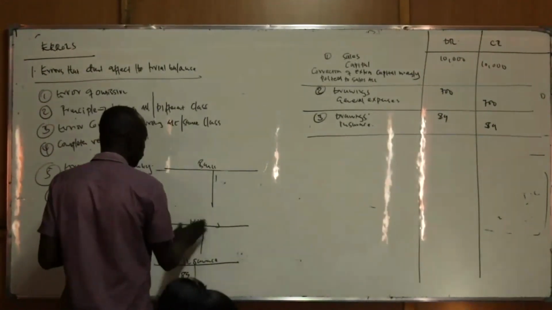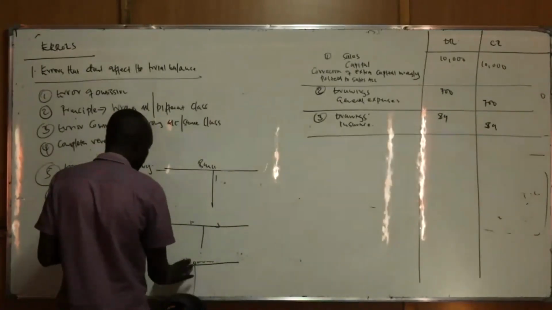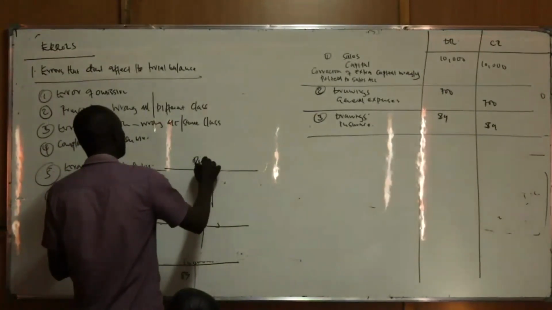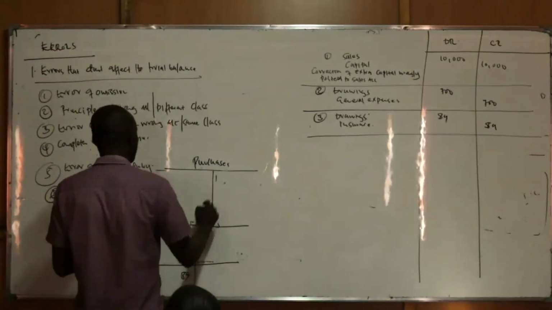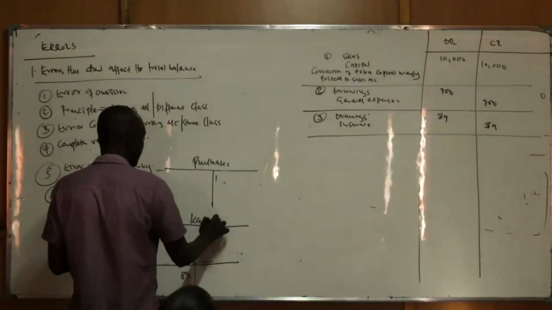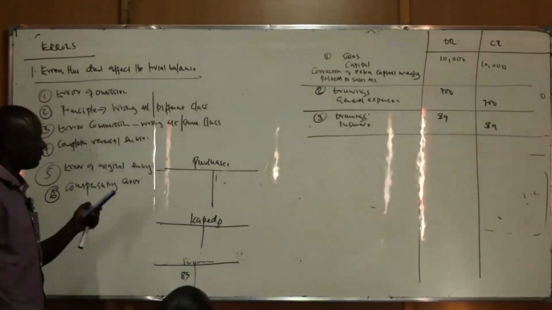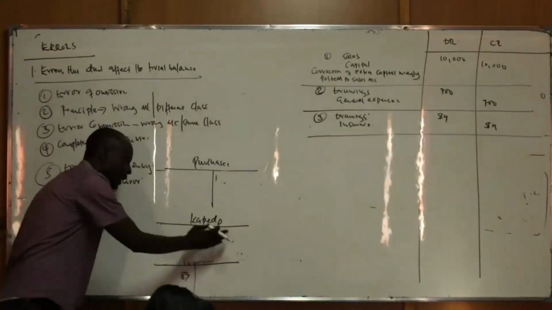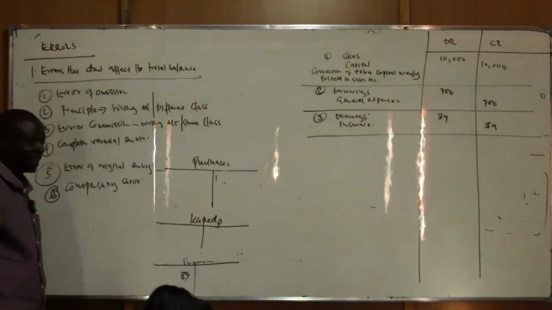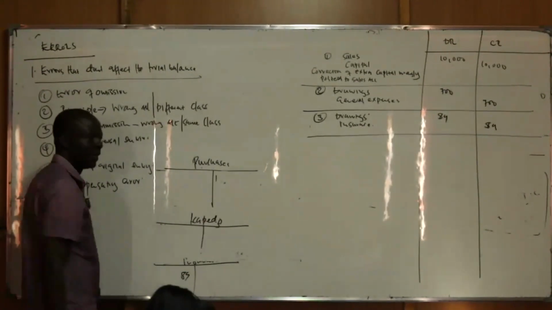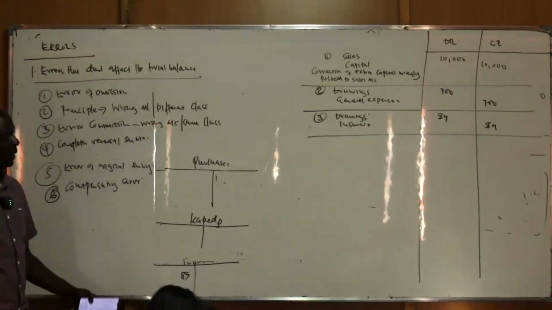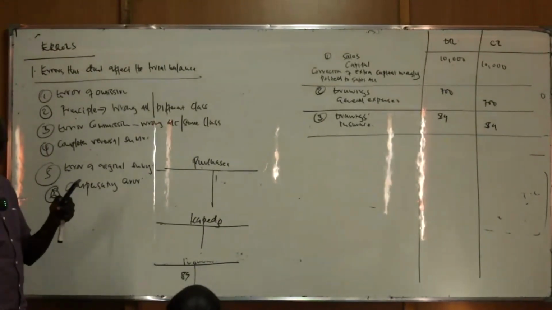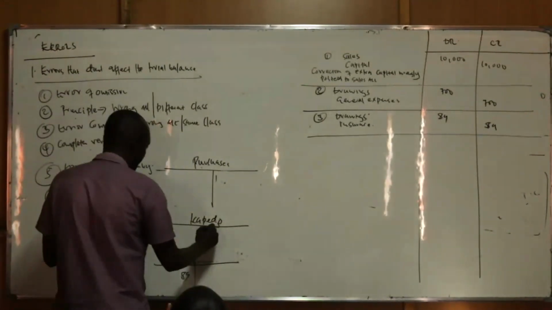When you purchase goods from someone or an entity on credit, the double entry is that you debit your purchases and you credit that individual, in this case Capedo. So the value of goods purchased in the books, when we talk of the books, they are both books where the double entry occurs, that is the purchases ledger and the suppliers ledger. So the value of goods was 857. So they wrote here purchases.